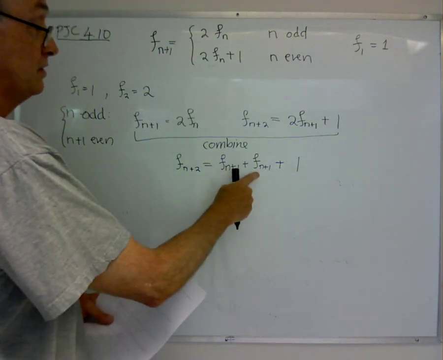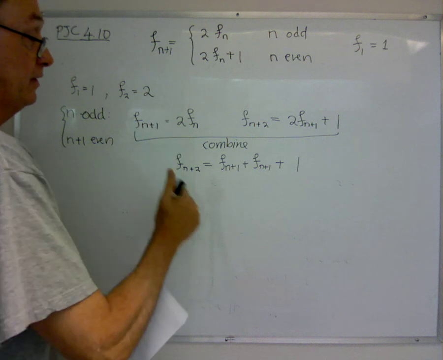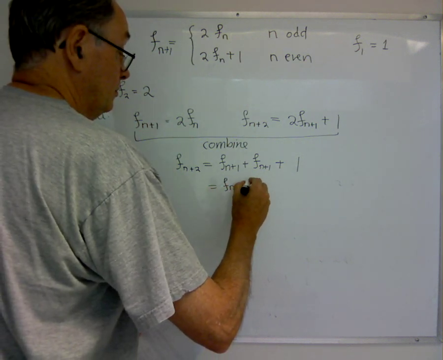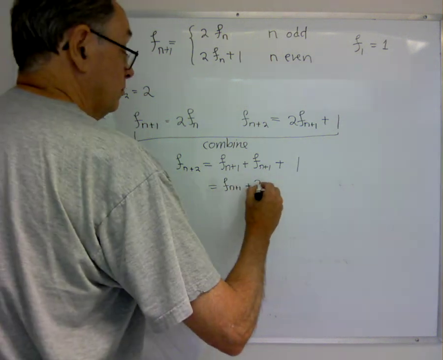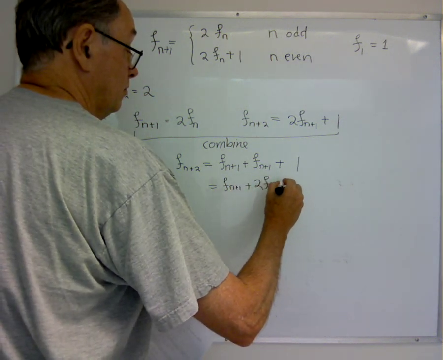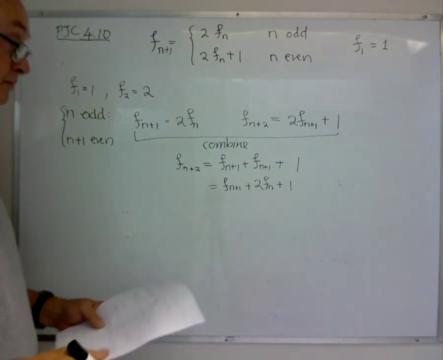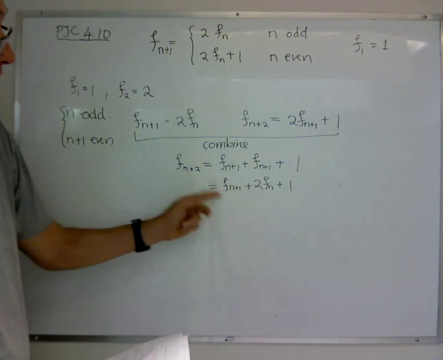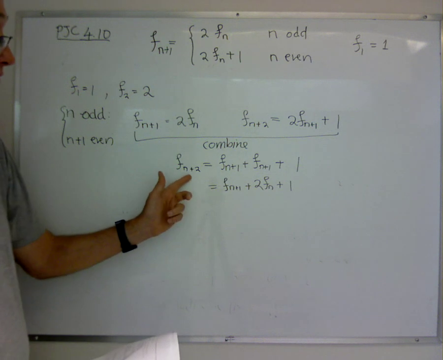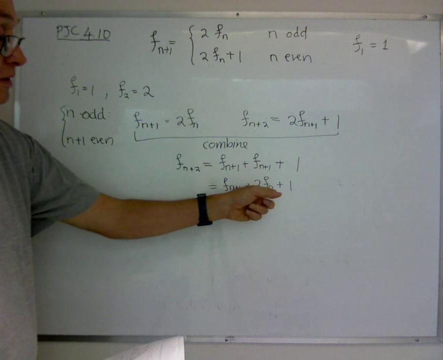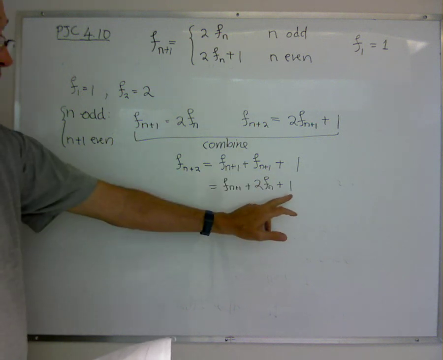And one of these is just 2fn. Right, so you get a recurrence which looks like this. This is a second order recurrence because the highest index here is n plus 2 and the lowest index is n, and then it's inhomogeneous because that's a plus 1.